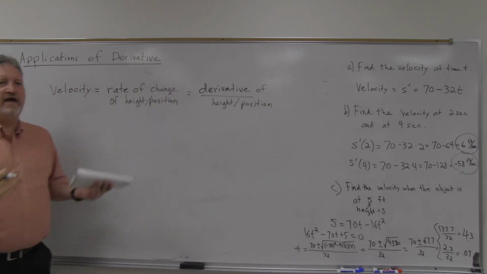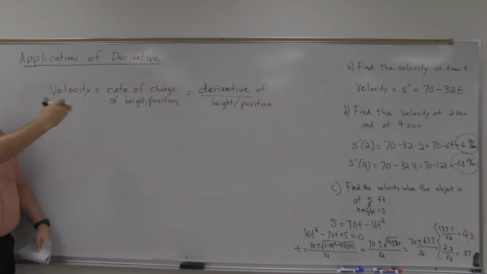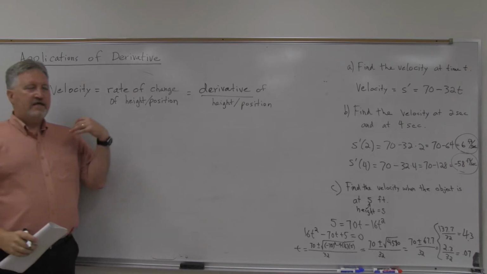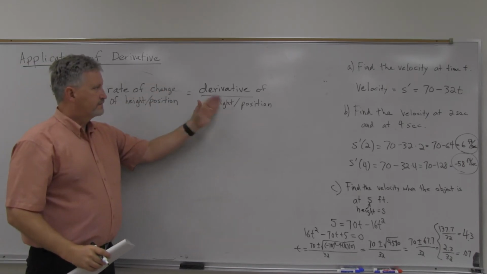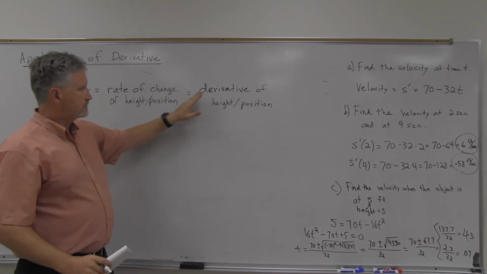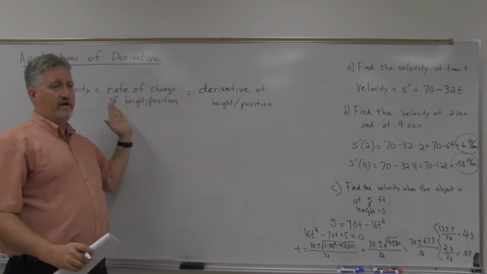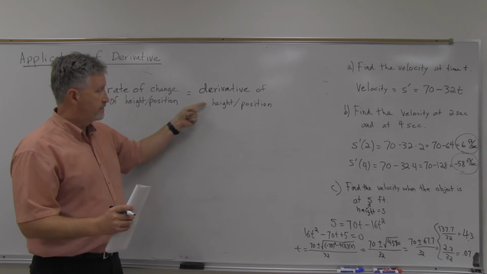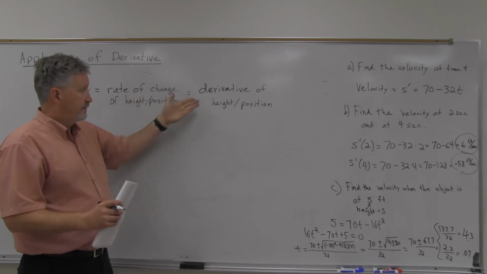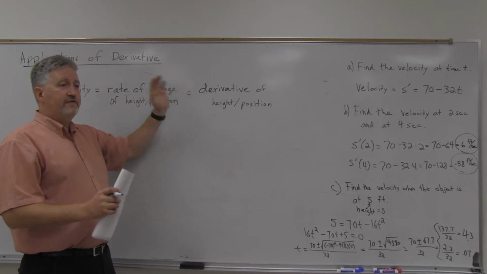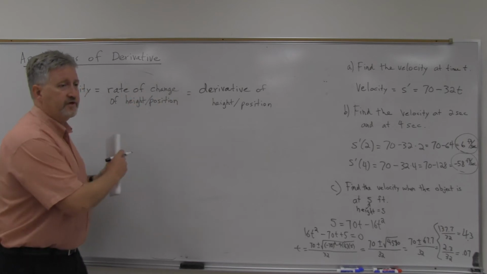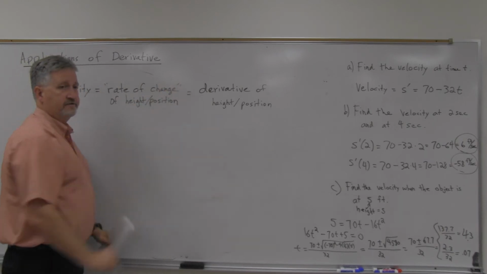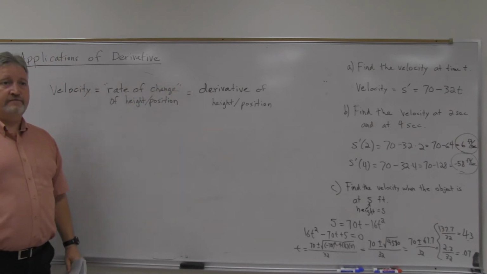Well, what I'm getting at here is, since velocity is a rate of change, the derivative can be thought of in terms of any function. If you've got any type of function and you take the derivative of it, what that gives you is the rate of change of that particular function.